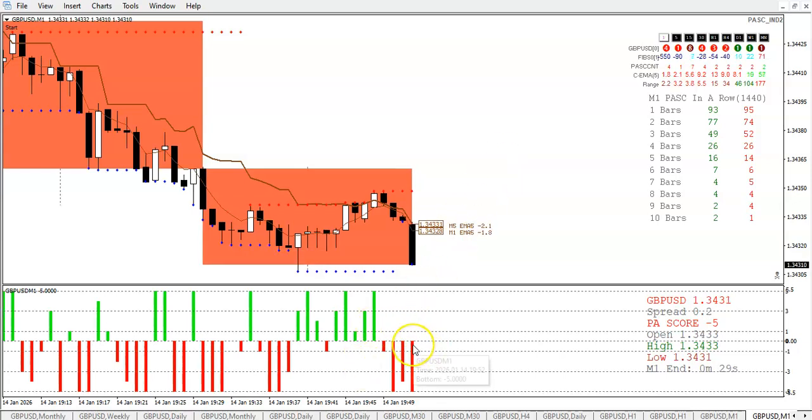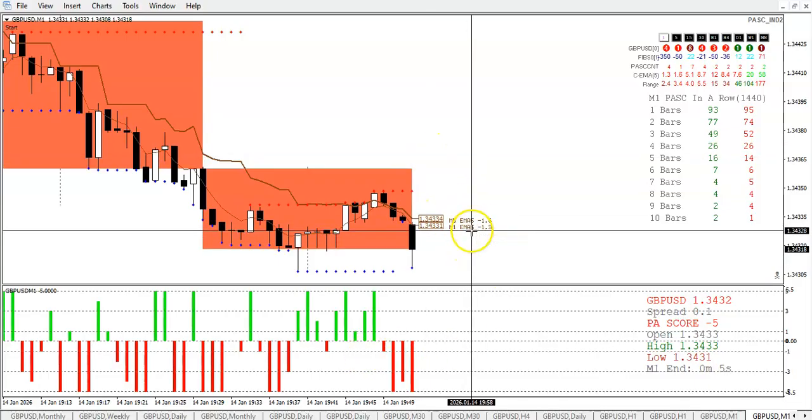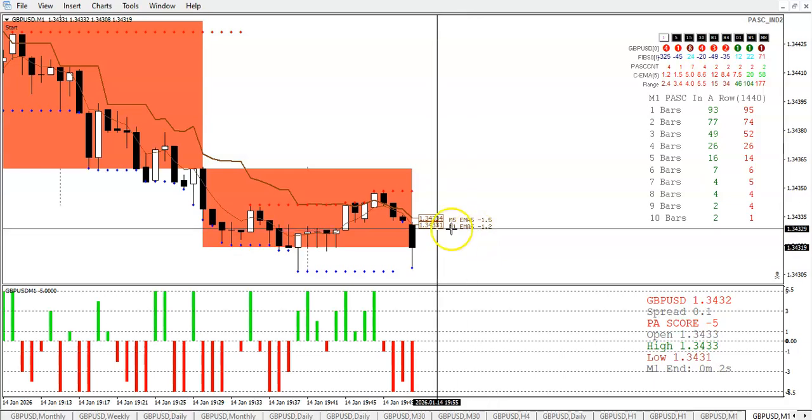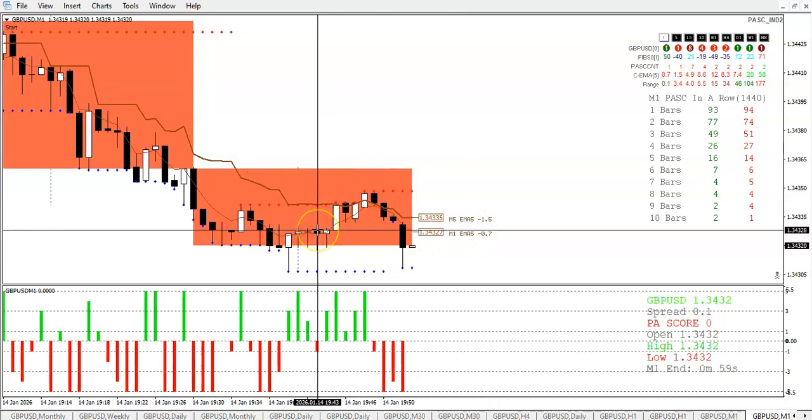And so right here we've got 4 in a row. We got 25 seconds left in this candle. It could jump back up, but if it doesn't, then you could take the trade long. You can look for lower highs. I think this is about the lowest high right here.